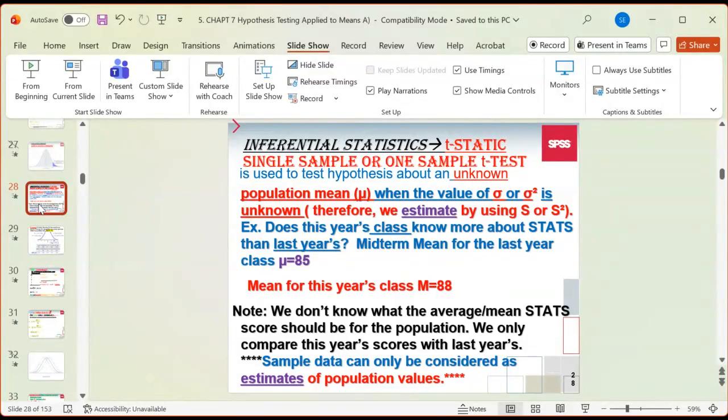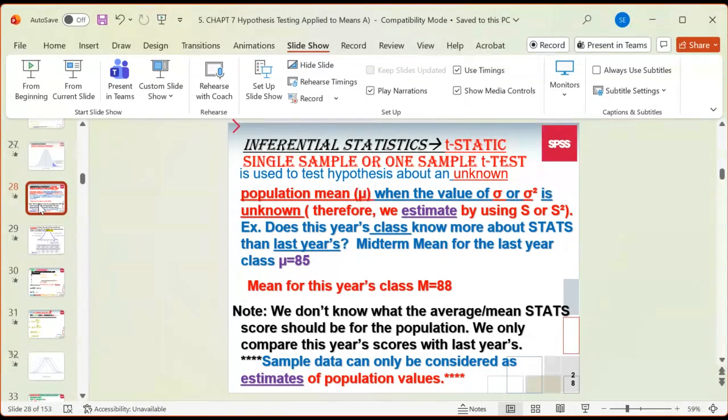Unknown means we don't know the mean, standard deviation, and variance. It's not like what they use in a standardized test like GRE, ACT, SAT, and all that. We estimate by using standard deviation or variance. Example: does this year's class know more about statistics than last year's?